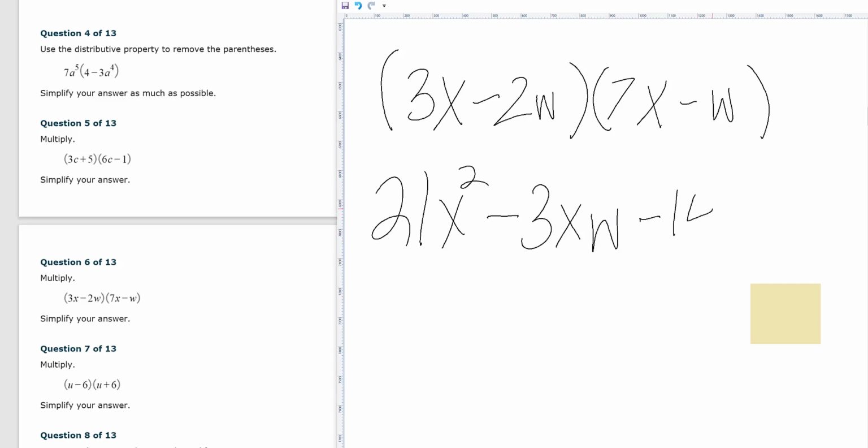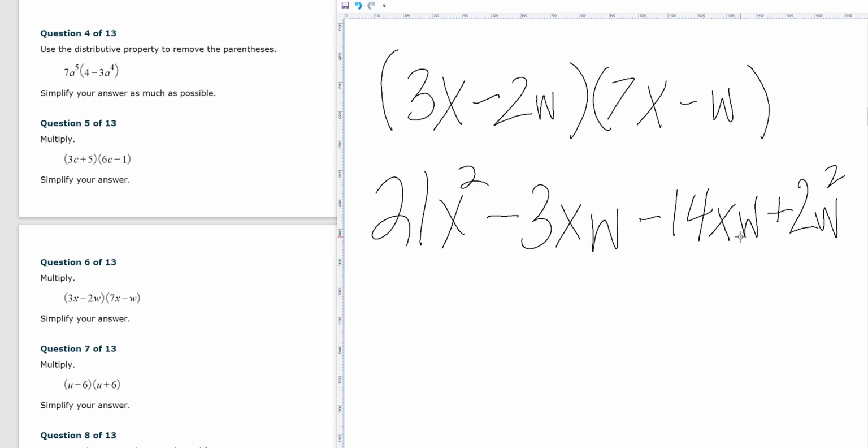minus 14. Wx is the same as xw. And then plus, because it's a negative times a negative, 2w squared. I do have like terms. Okay, xw and xw are alike.